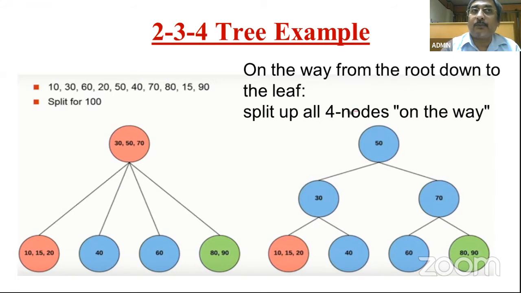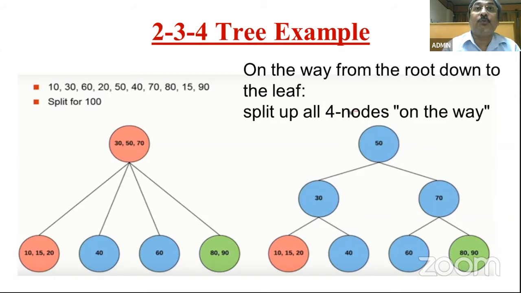You have to be either a 2 node, in which case both your left child and right child should be there, or you have to be a 3 node, in which case your left, middle, and right child should be there, or you have to be a 4 node, in which case all non-null children are to be there. Now, only in the leaf nodes, your children may be null. Whatever node you are, 2 node, 3 node, 4 node at the leaf, your children will necessarily be null.